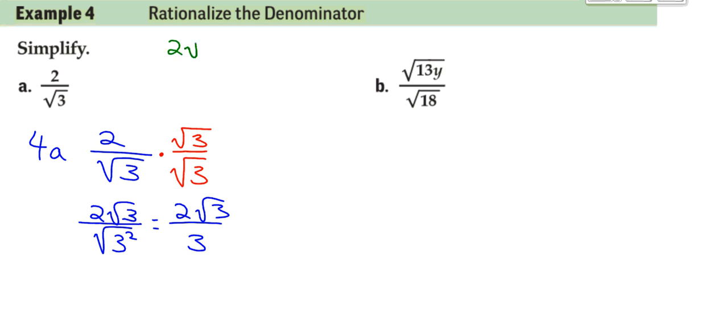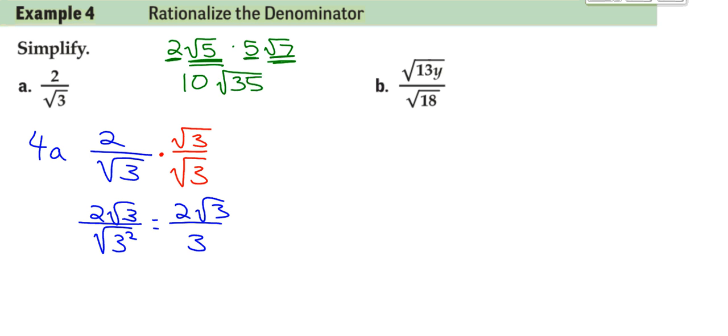If I have 2 the square root of 5 times 5 the square root of 7, I can multiply the things outside with things outside and things inside with things inside. So 2 times 5 is 10. The square root of 5 times the square root of 7 is the square root of 35.